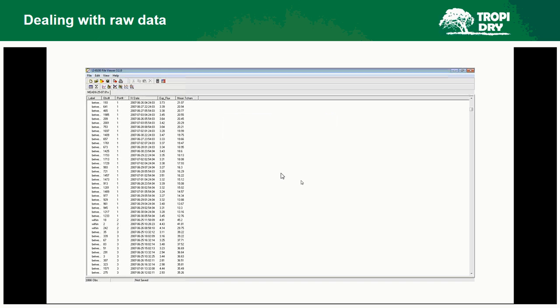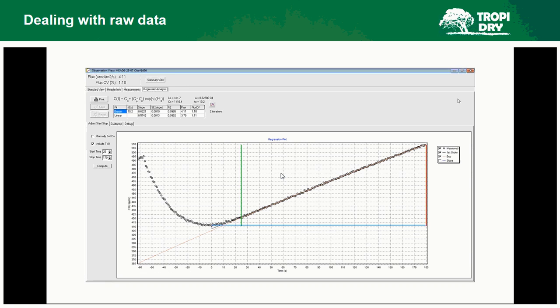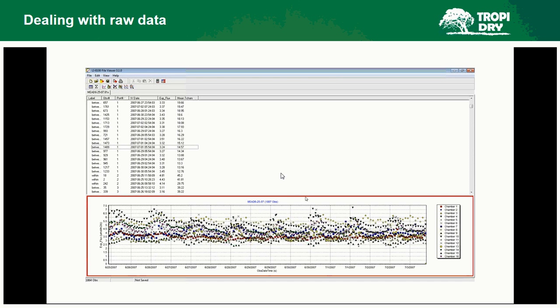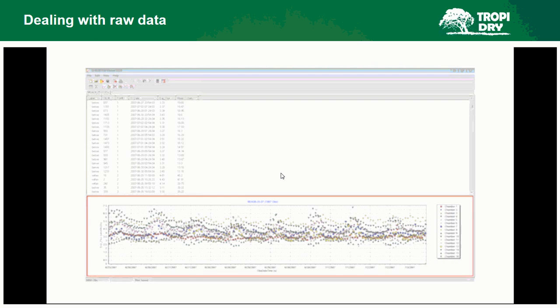This gives you the option to include or delete outlier data that may or may not be useful in your final analysis. You can view individual measurements, as well as graph and compare fluxes between multiple chambers. The LI-8100A system simplifies processing and management of large data sets, saving you time and ensuring publication quality data.